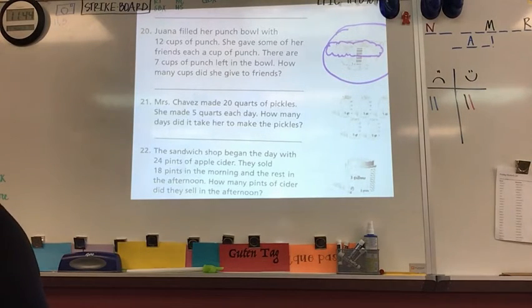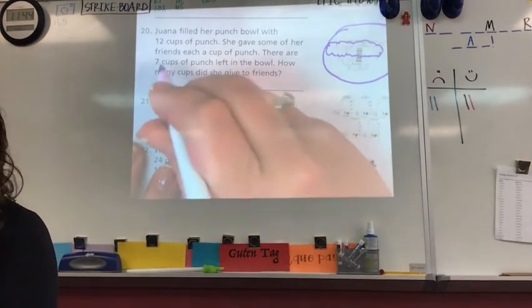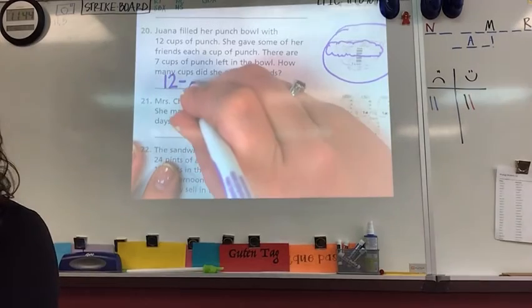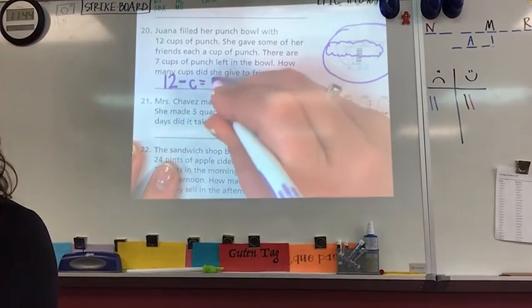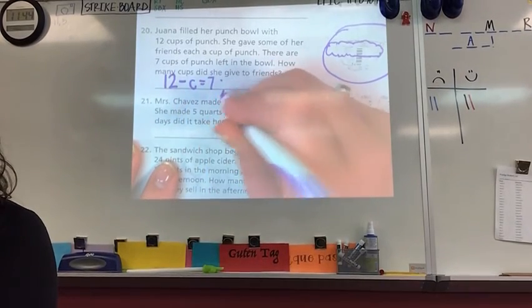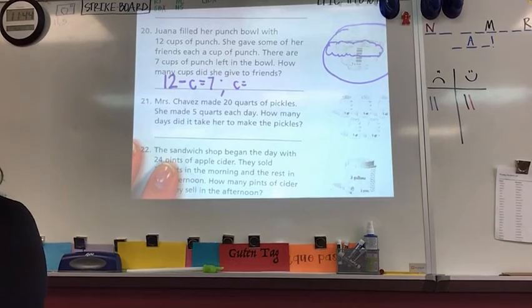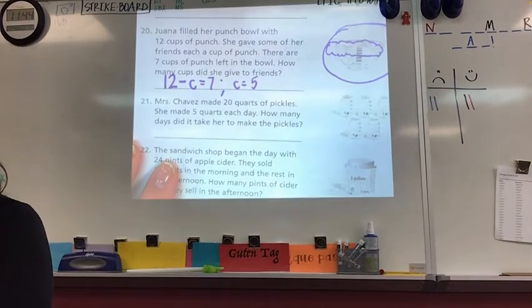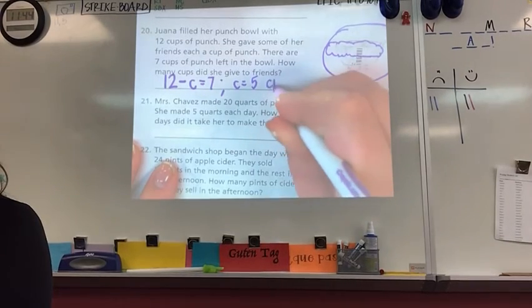Braylon, what do you think? Subtraction. We started with a total of 12. We gave away some cups and ended up with 7, right? What would C equal in this one, Miss Braylon? 5 cups. Good work on that.